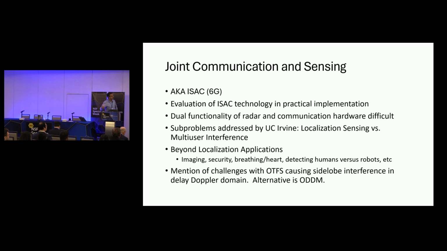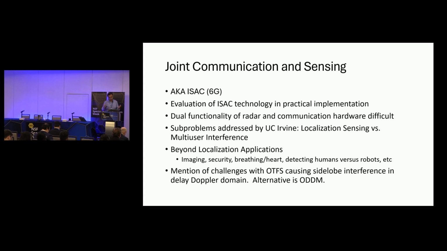So you really have to rethink these systems, rethink the waveforms, rethink the joint communication and sensing. There was a good discussion from Hamid Jafarkhani from UC Irvine about how trying to do both at the same time just doesn't make sense. You have to pick one, but allow some outage probability for the other. So there's some interesting discussion that we heard.